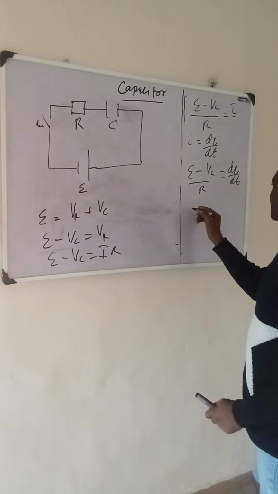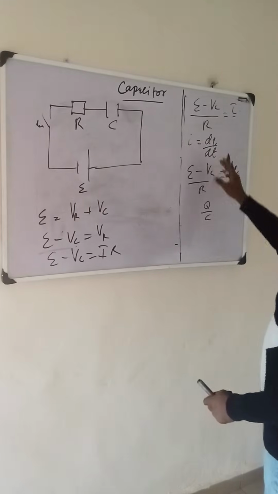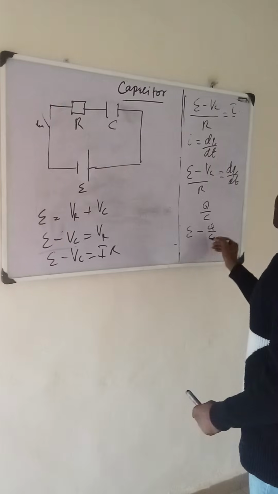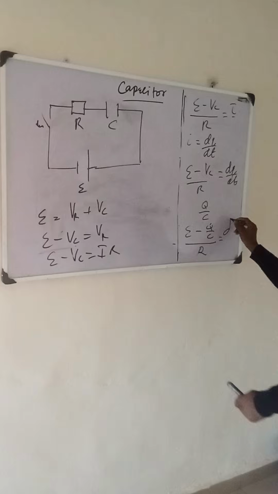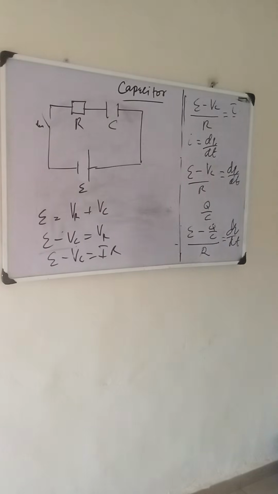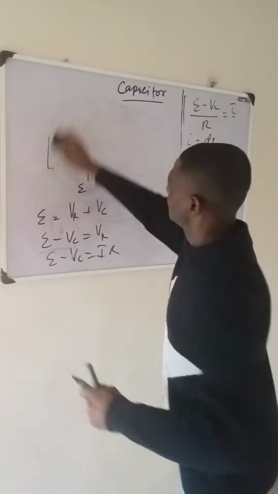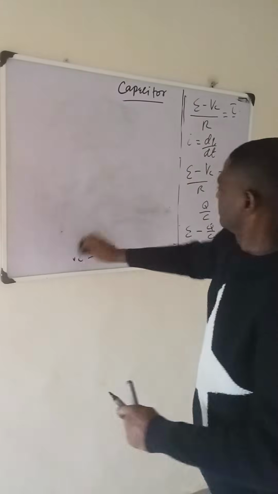Voltage across the capacitor is normally given as Q all over C. So if we substitute that, we have E minus Q all over C, then all over R, and that is equal to dq dt. Now, this differential equation, let us simplify this left hand side so that we can be in the same program with what we intend to do.